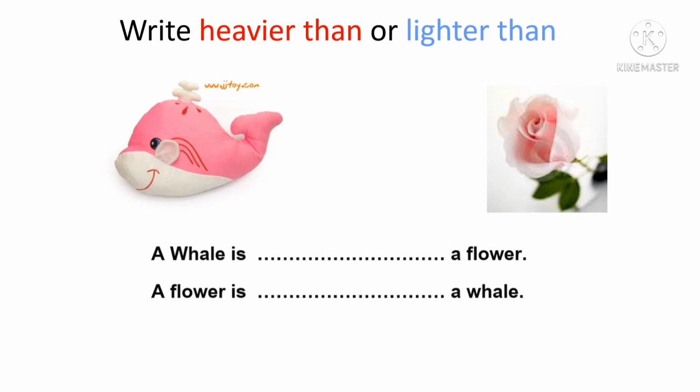Look at the pictures. Write heavier than or lighter than. A whale is blank a flower. A flower is blank a whale.